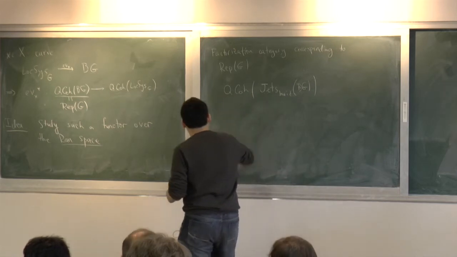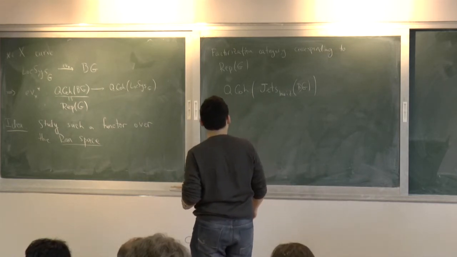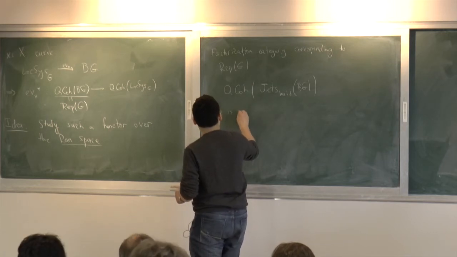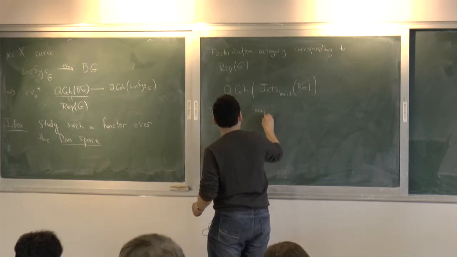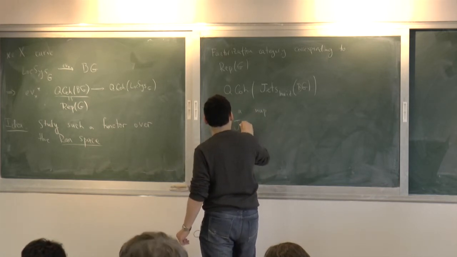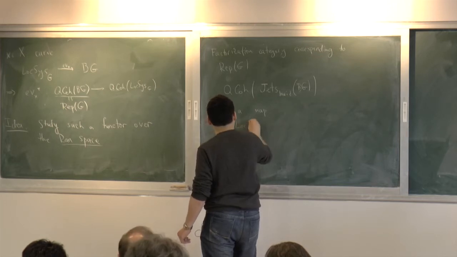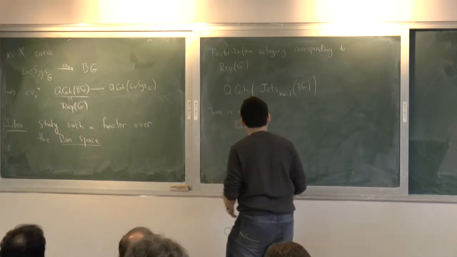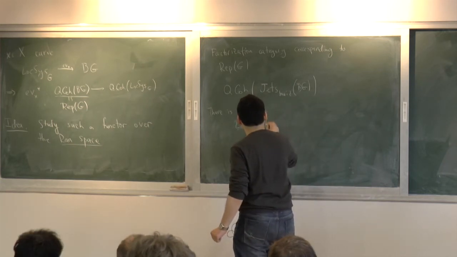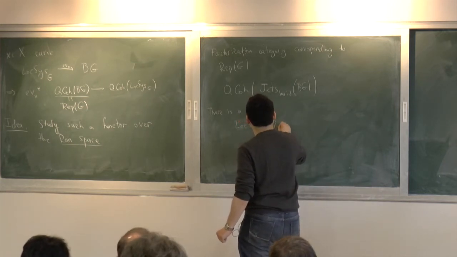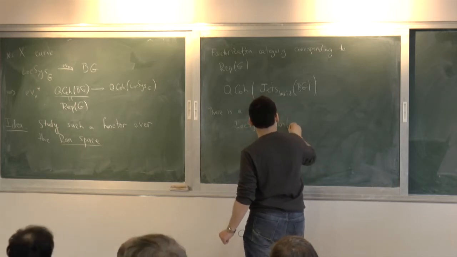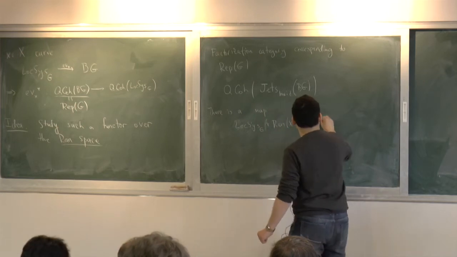What we saw from Dennis's talk yesterday is that there's a map from the stack of local systems times the Ran space to this jet space, more or less by definition of the jet space.